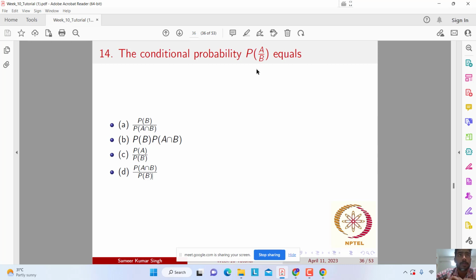And if we have to calculate the probability of B when A is given, then what will be the outcome?